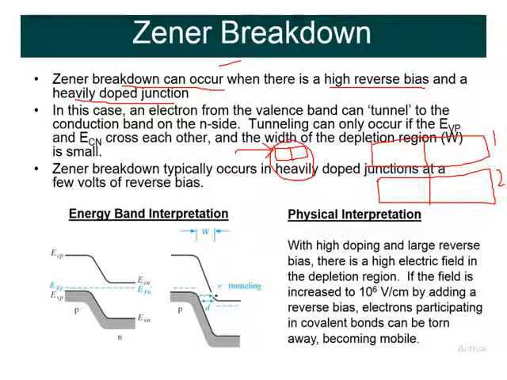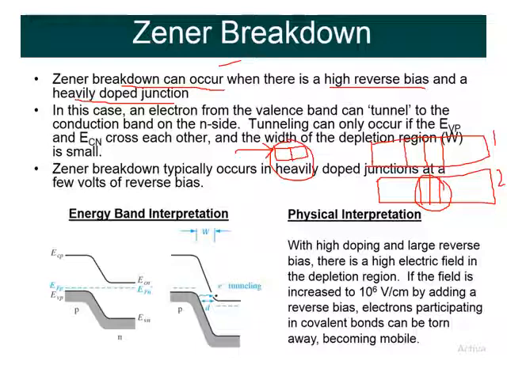Without any biasing, that is, no applied voltage, the lightly doped diode will have a somewhat wider depletion width compared to the second case. Why? Because the depletion region depends on the doping level. To make it simpler: if the doping is high, the depletion width is less. If the doping is low, the depletion width is more.